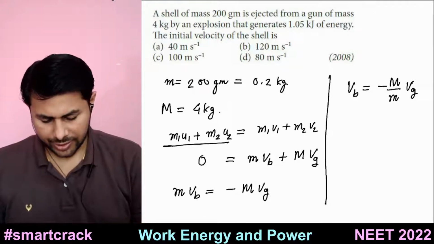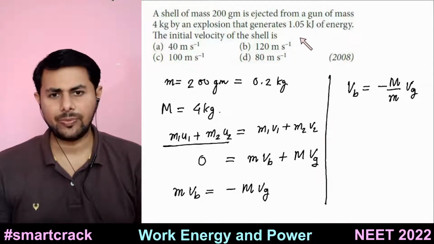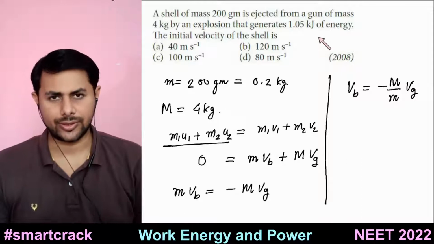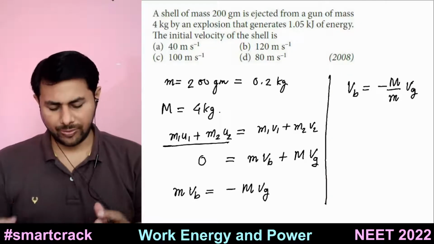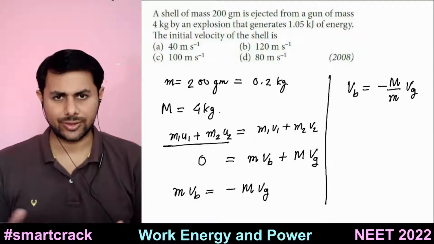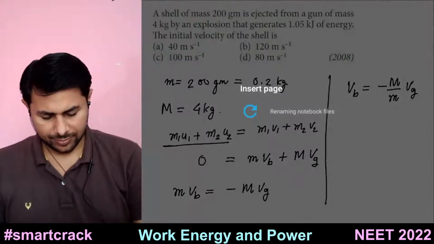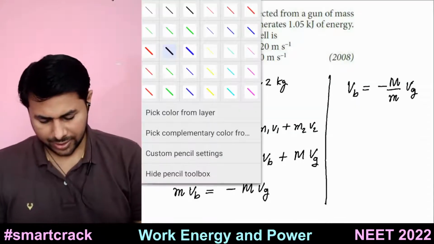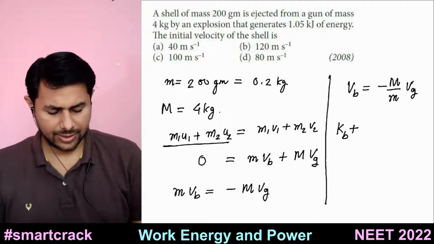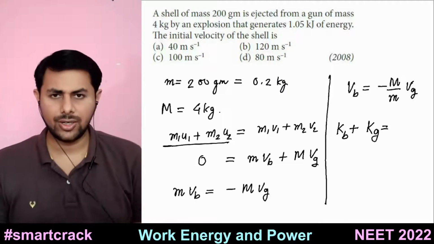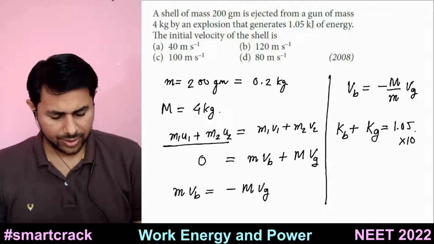After that, what's given? The total kinetic energy is given. It is 1.05 kilojoules, kJ is kilojoules, that means it is 1.05 into 10 raised to 3 joules. So the kinetic energy of bullet plus kinetic energy of gun is the total kinetic energy, 1.05 into 10 raised to 3 joules.